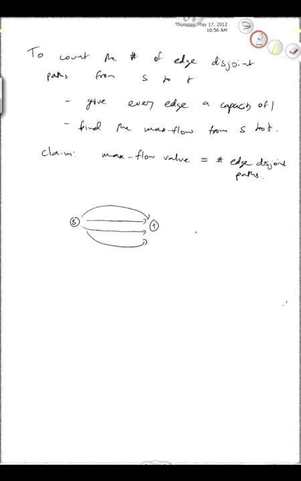So we know that the number of edge disjoint paths has to be less than or equal to the max flow value, because we can put 1 unit of flow on each of these paths. But why is the opposite also true? Why is the max flow value also less than or equal to the number of edge disjoint paths?